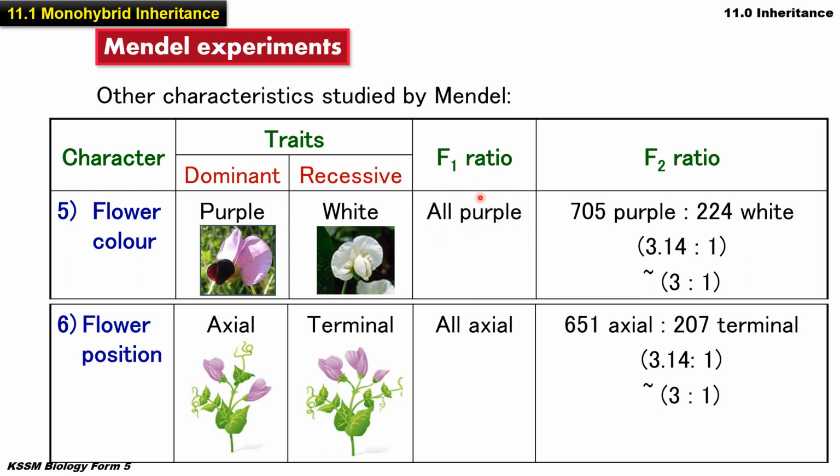Tapi bila F1 ini cross, self-pollination, for the F2 ratio, dia akan dapat 3 dominant, 1 recessive. Boleh? Okay.